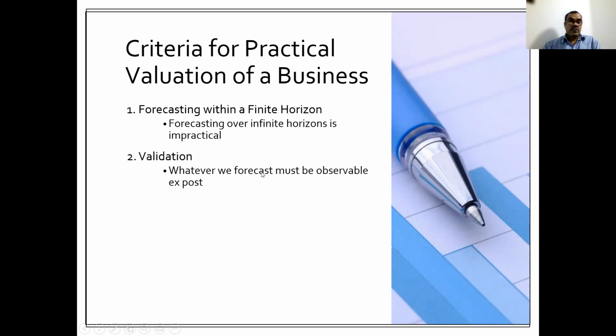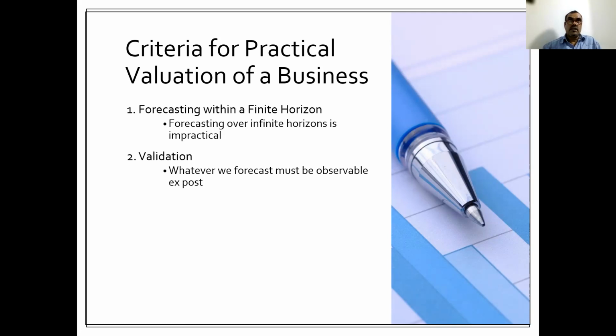Validation, of course: we may assess whether your assumptions or the criteria on which forecasts have been done are not practical or not realistic. And again, if you do not have any access to validate them, actually your value cannot be accepted.